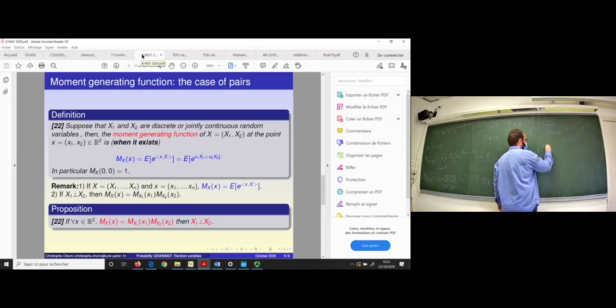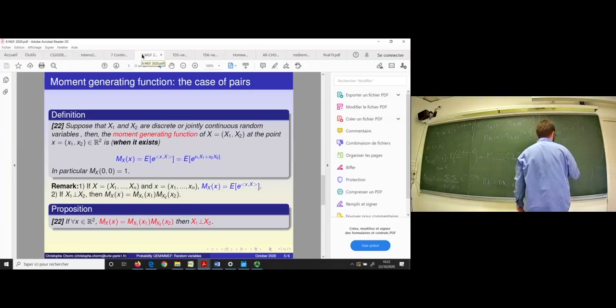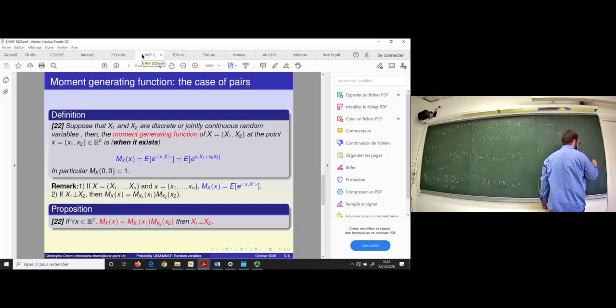Integral from minus infinity to plus infinity, integral from minus infinity to plus infinity, of exponential t X1 plus s X2 multiplied by the joint density of the pair X1, X2 at the point x1, x2, dx1 dx2.